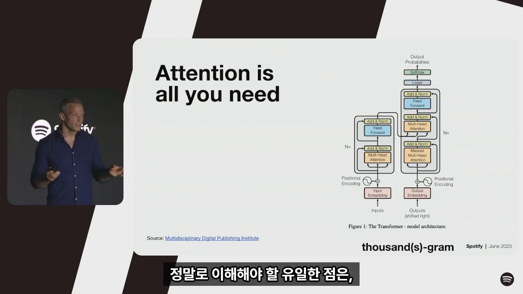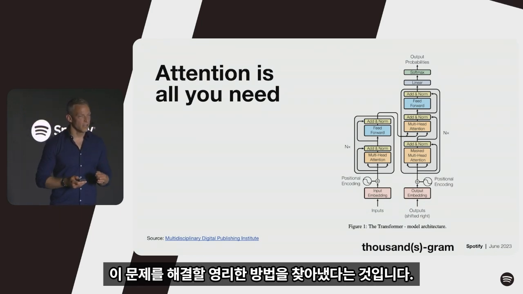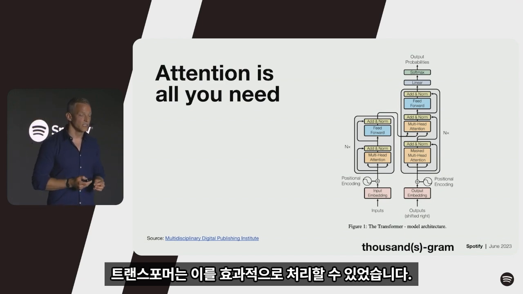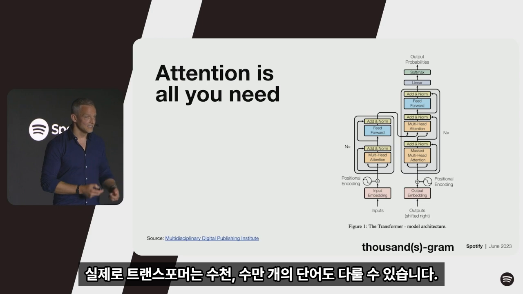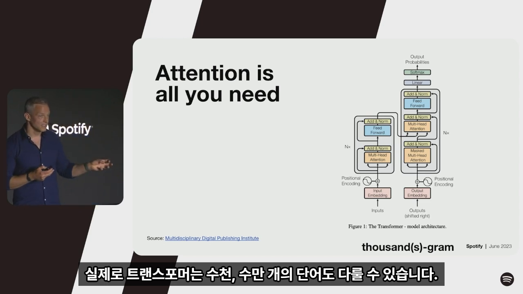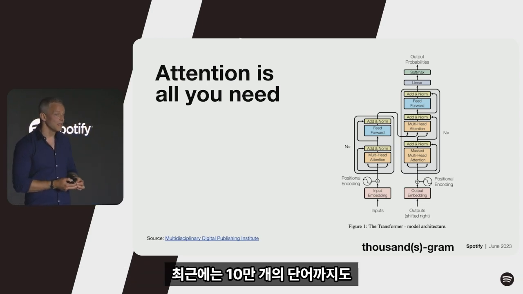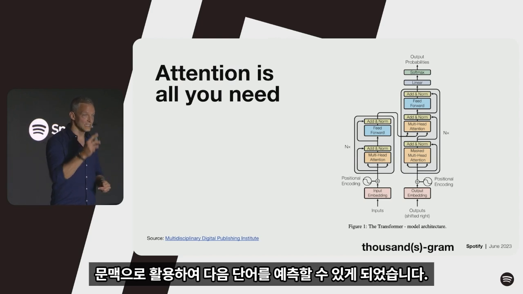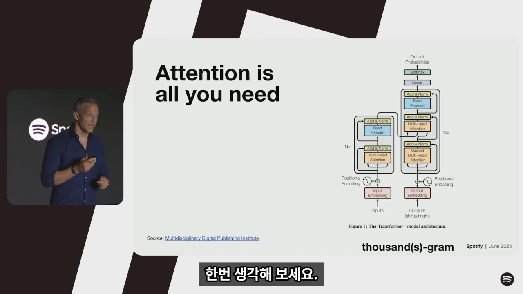The only thing you really need to understand is that they managed to find a clever way of solving this problem of how to have a lot of context. Turns out a transformer can handle thousands of words. In fact, it can handle tens of thousands and recently even something like 100,000 words as context just to guess the next word. So think about that.